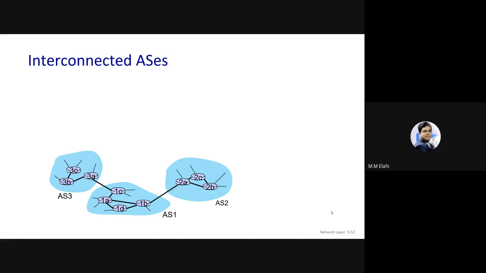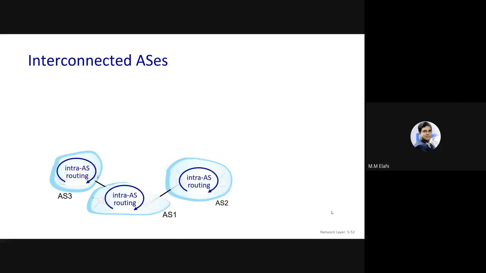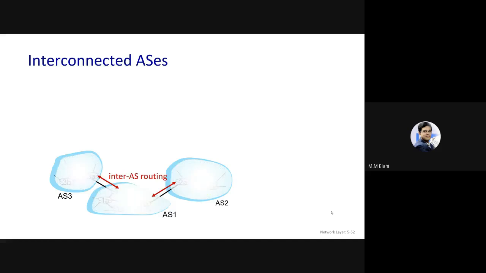Now how is this done? That is BGP. We are not going through details, but the logic is this. Every autonomous system will run its own intra-autonomous system routing, but that will work only within the organization, and they must communicate.